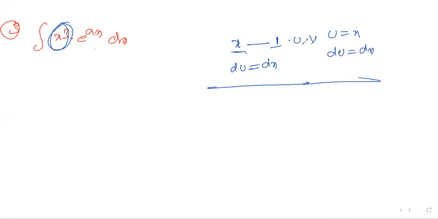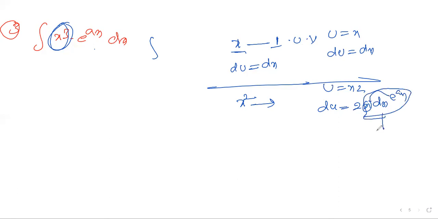So e power ax dx in the case of v, we are going to get in a single time. If the algebraic function is x square, what are you going to get? U is equal to x square. What is du equal to? 2x into dx, because the x function will come in combination with some other function. Automatically you cannot get the answer directly, so you can go for one more UV. So two times you need to apply UV, and you can easily identify it.